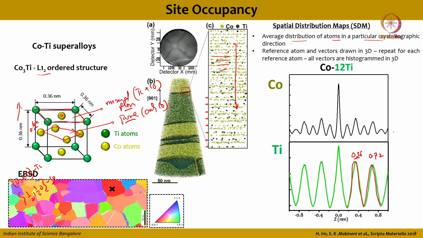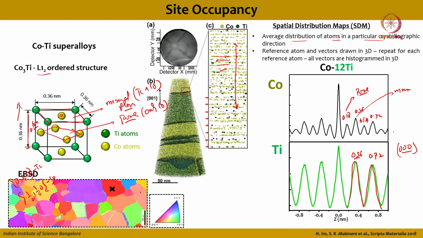Okay, it means that the titanium atoms are located on 0 0 0 positions, which is at a distance of 0.36. But if you see the cobalt distribution, each peak appears at 0.18, 0.36, 0.54, 0.72. So because one peak is mixed and one peak is pure, you will get the presence of cobalt atoms at each 0.18 distance.